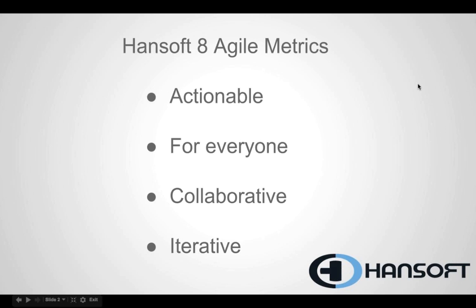The second point, which is also very important, is that traditionally business intelligence tools, this functionality that you now have in Hansoft 8, have always been at the top level of the organization and almost viewed as a command and control tool, a way to monitor what's going on beneath the top level.